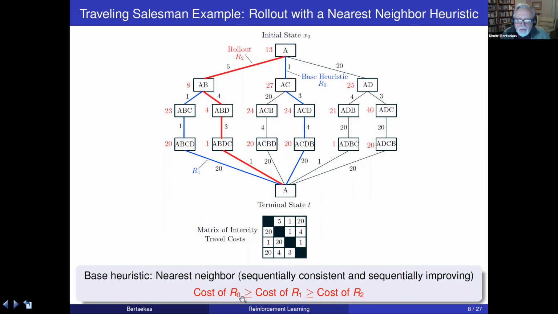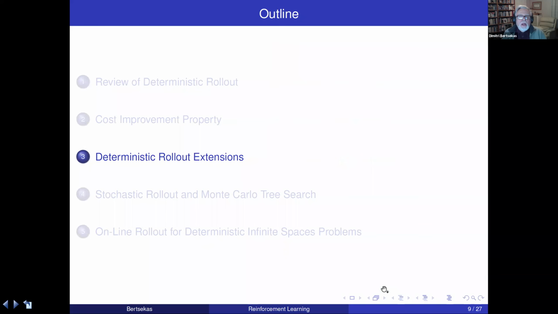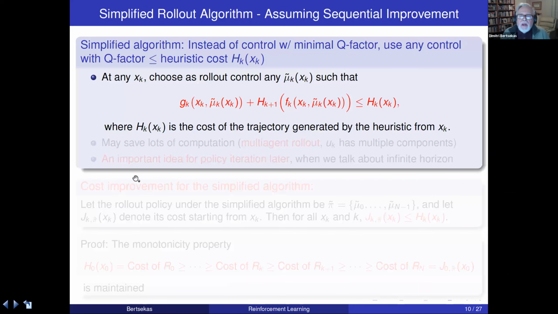Now, we want to take advantage of this property and rectify some of the difficulties that we may have with cost improvement. Let's go into variations of rollout. Here's one variation, the simplified rollout algorithm. Now we assume here that the base heuristic is sequentially improving.